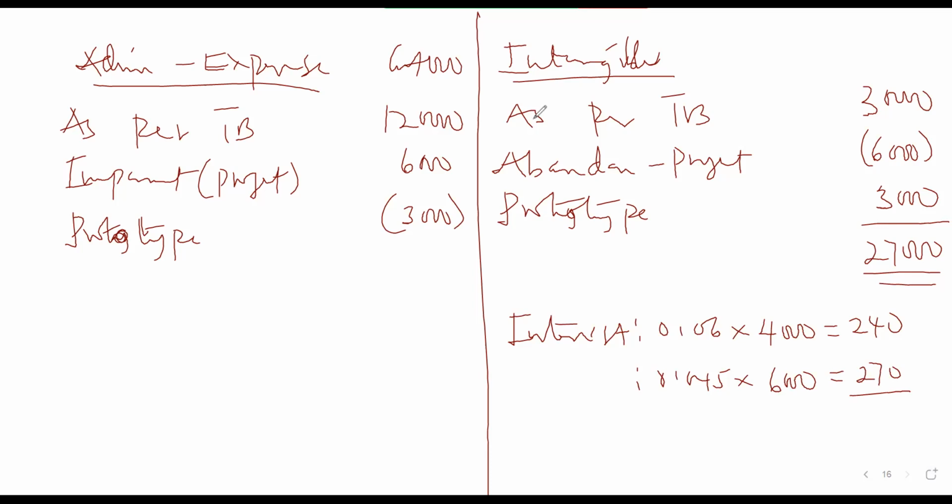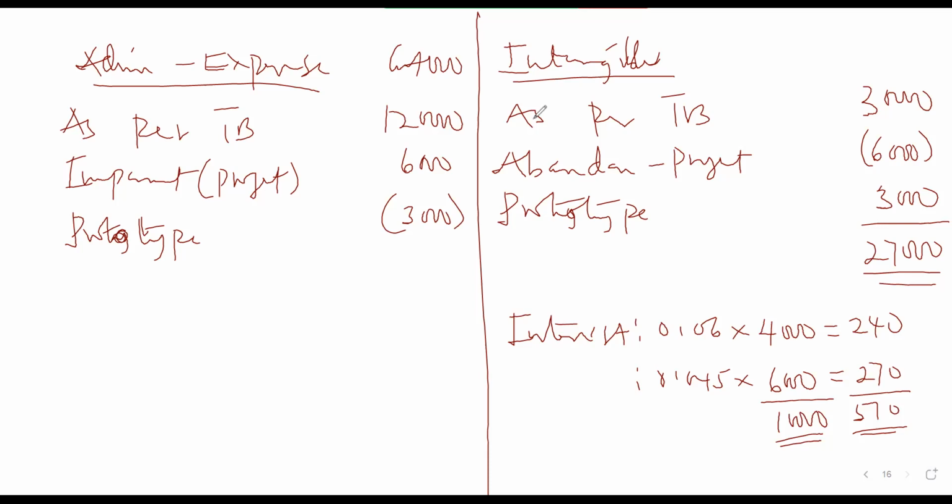510. So this total interest was paid on what? Total amount of 10,000. Do we agree with that? Yes. So the total interest that we paid on a total loan of 10,000 is 510.